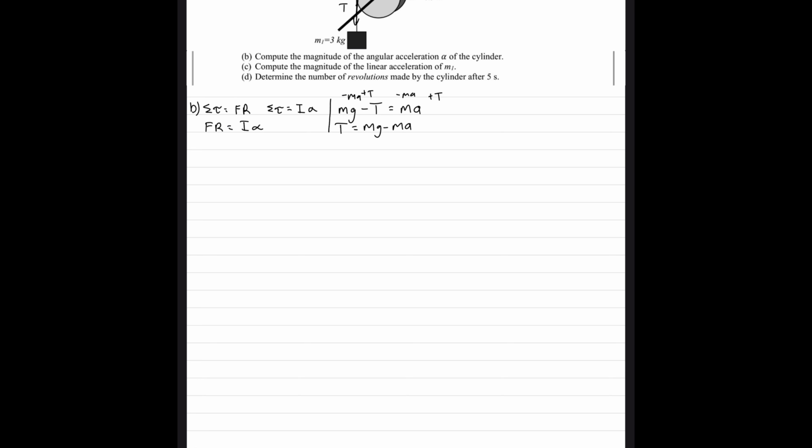So I'll write out T r, then I'll expand I. So the inertia of a solid cylinder is 1/2 M R squared times alpha, right? That's what we're trying to find. Then one of the R's can cancel out. Right, and then I'll replace T with what we found.